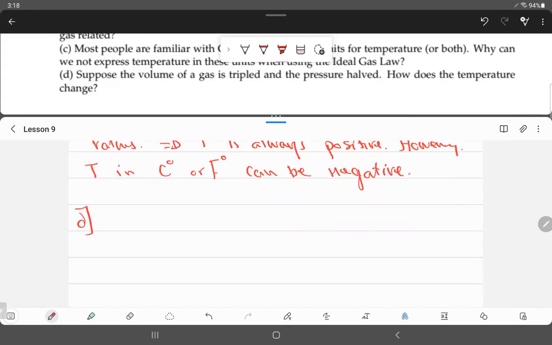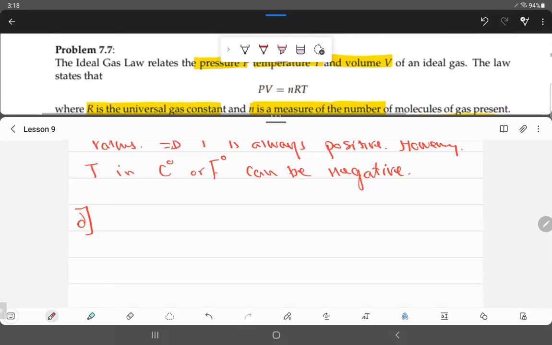Okay, D. Suppose the volume of a gas is tripled and the pressure halved. How does the temperature change? So we change the volume and the pressure, and we need to see the effect on the temperature. Again, let me write the relation first.